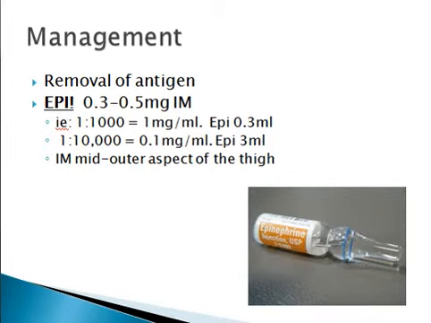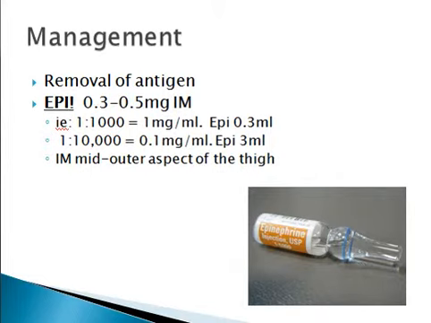Now, I want to talk to you guys about the concentrations because this is not universal in every hospital, and there are multiple case reports you can find online about people giving wrong doses of epinephrine, causing more harm than good.